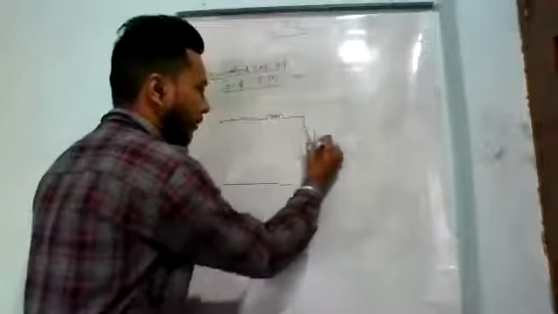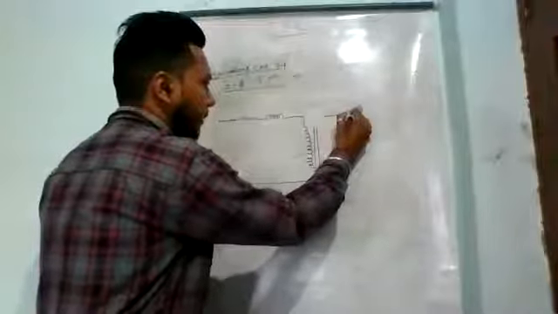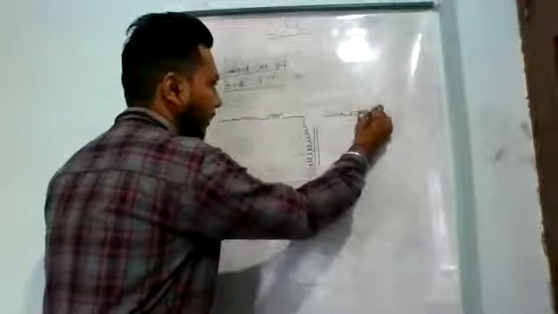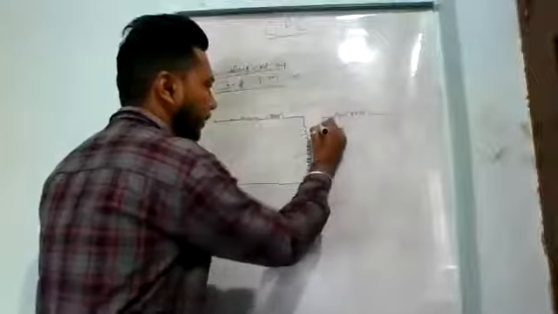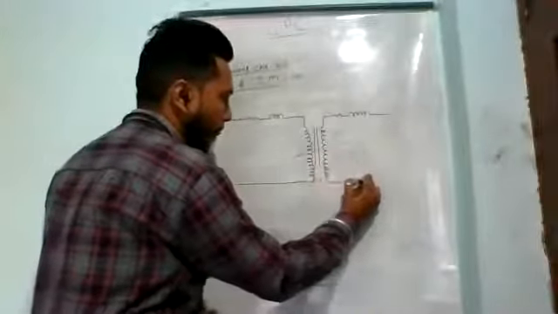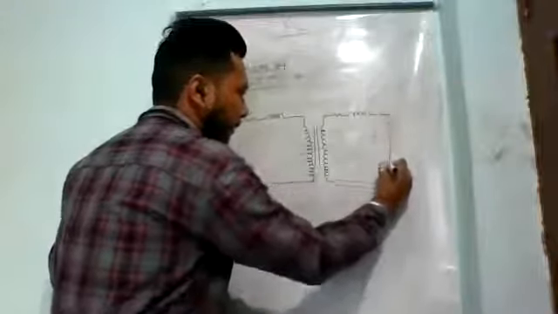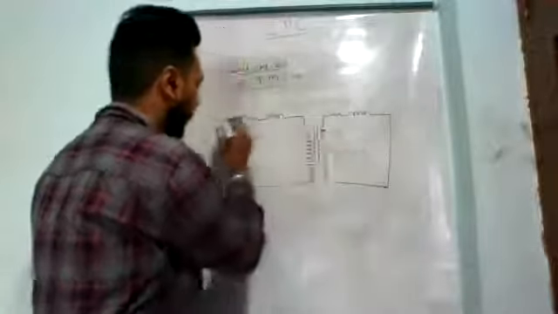This represents the core. This is the secondary side resistance. This is the secondary side inductance. Here is the secondary winding. Here, the secondary side is short circuited.